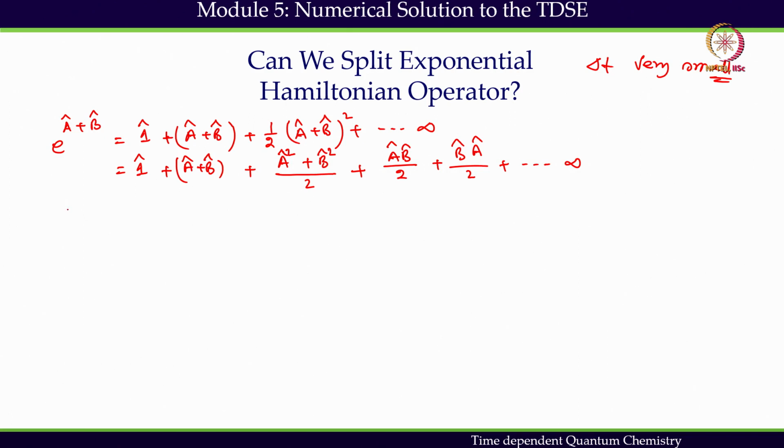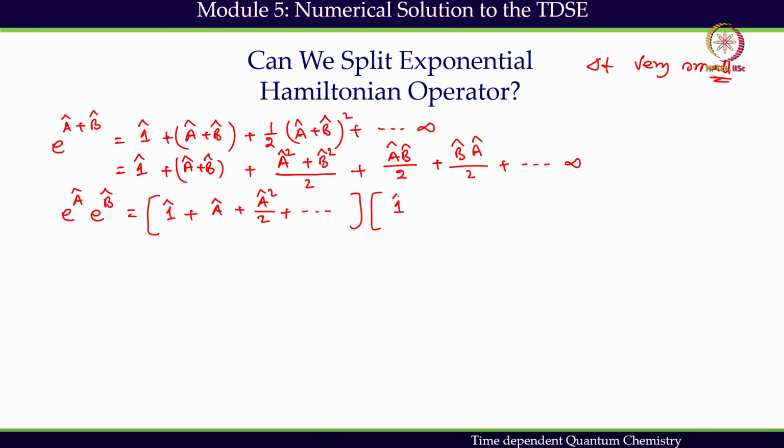On the other hand, I would like to check what is the form of the product of the exponential of these individual operators. So, that is nothing but I have to expand each one as Taylor series expansion. So, I will do it 1 plus a plus a square by 2 like this.